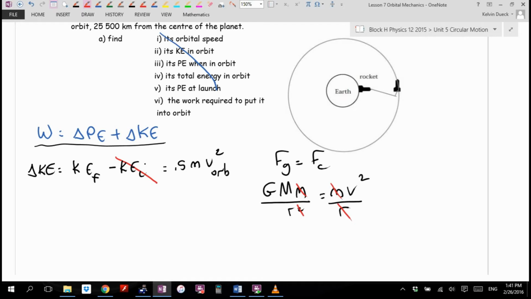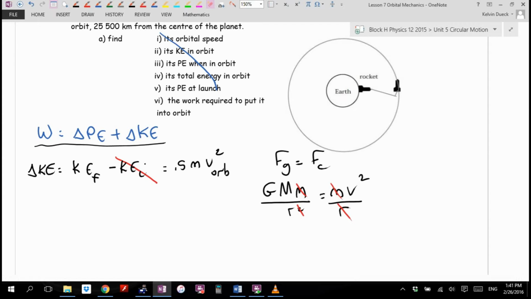Square root. Wait. Kiowa, can you read that? V what? V squared. Instead of square rooting, why don't I just replace the v squared with GM over r? Isn't that a little cleaner?